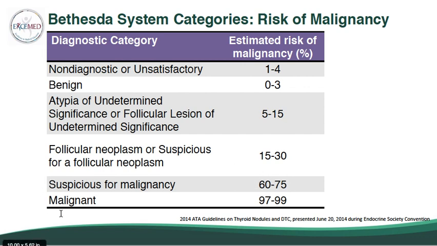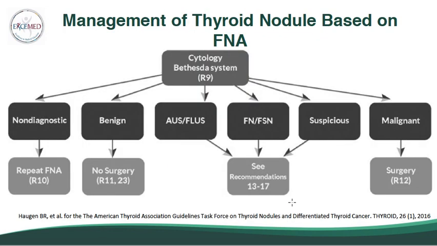And your fine needle aspiration biopsy can also tell whether your nodule is malignant or not. And if it turns out to be malignant in a fine needle aspiration biopsy, then you are almost certain that this is a thyroid cancer, because the risk of malignancy goes as high as 97 to 99%. So you're almost sure it's cancer.